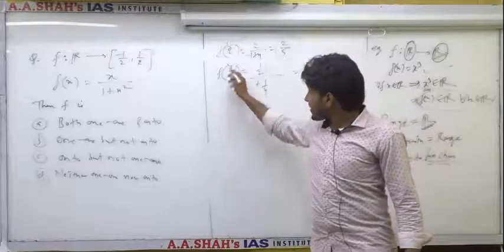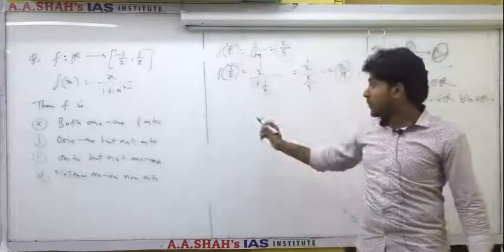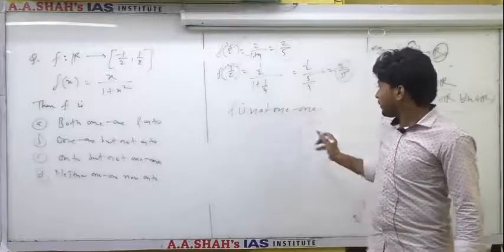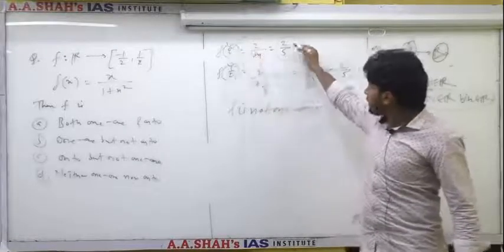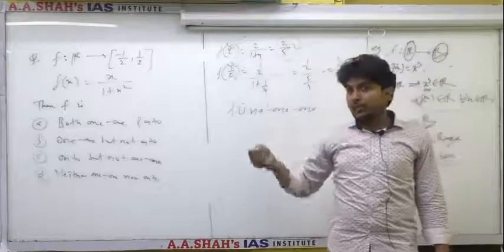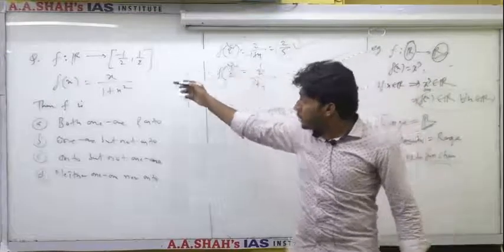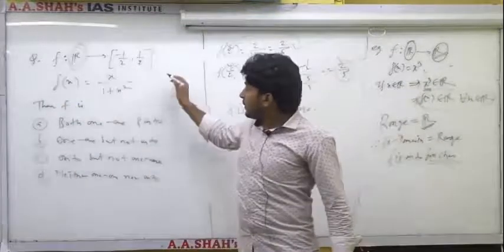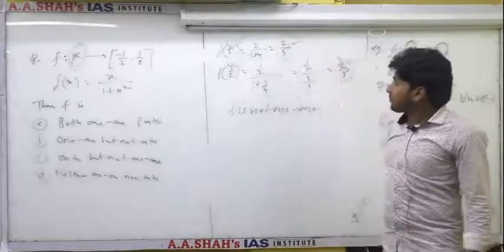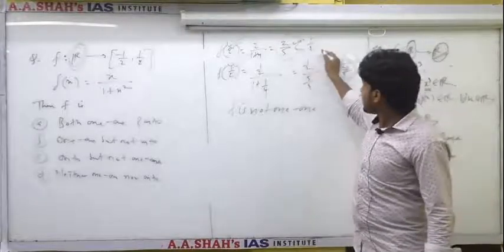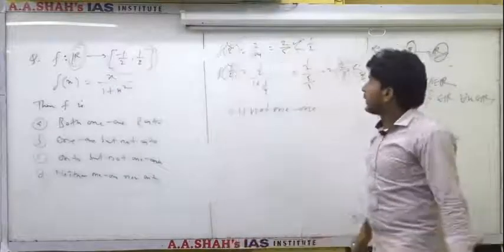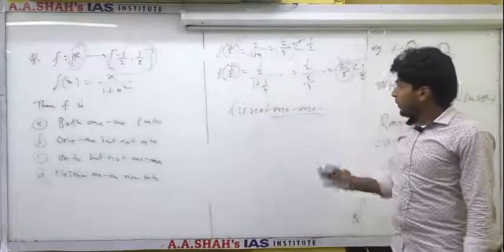So since different elements have the same images, f is not 1-1. Function to be 1-1, distinct elements must have distinct images. Now this is not 1-1, we already discussed this.